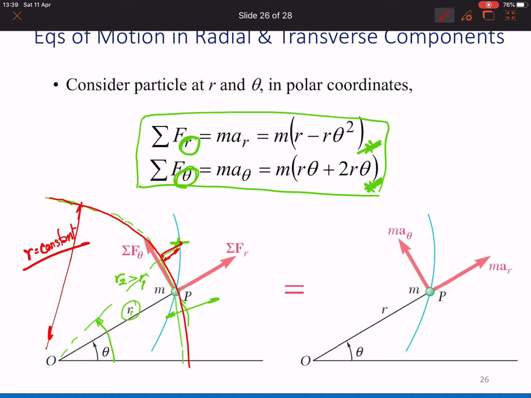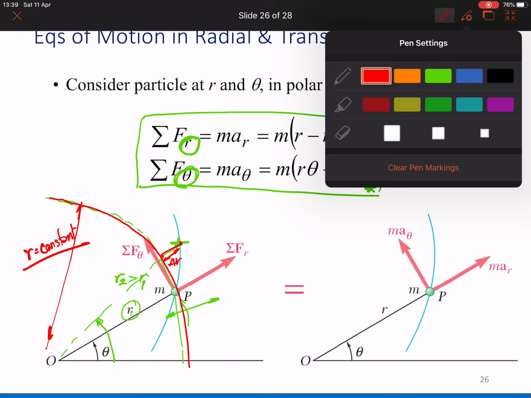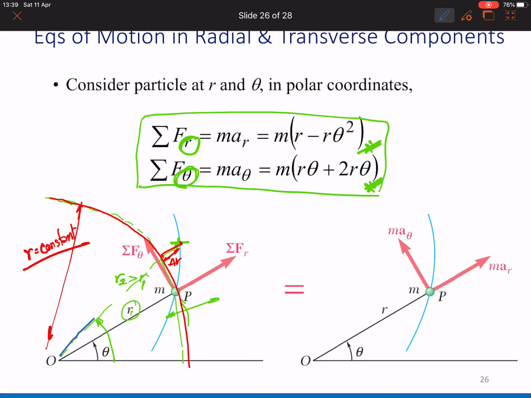You can see the length here is different, so you might change that coordinate to the radial and transverse components. This is R2, and R2 is equal to R1 plus delta R.